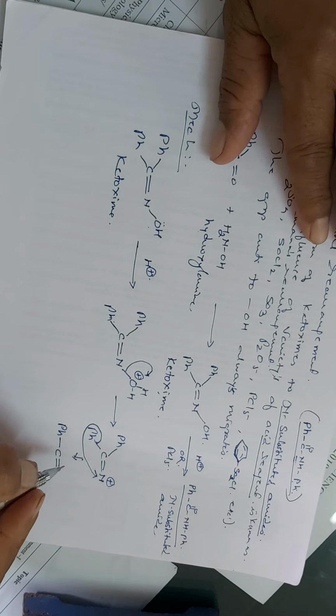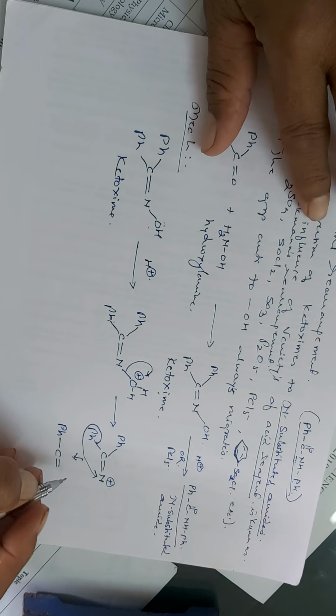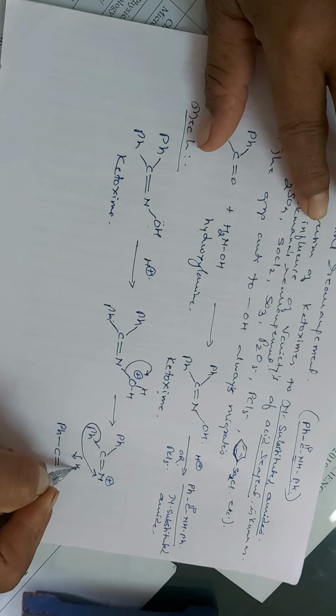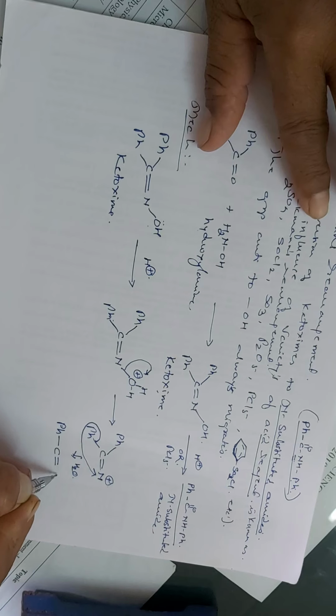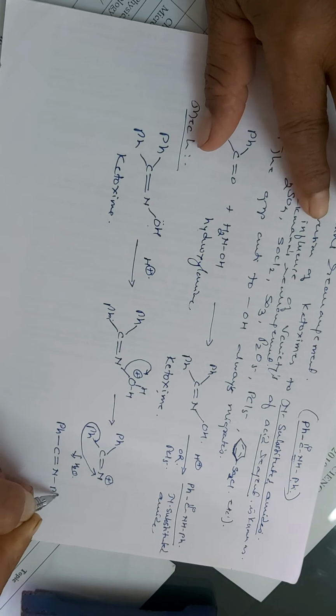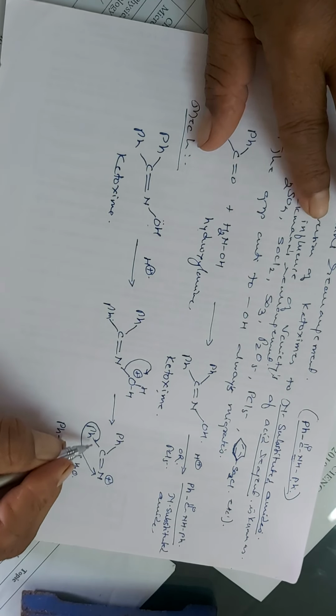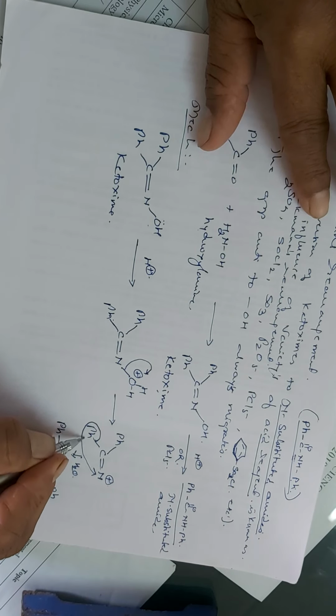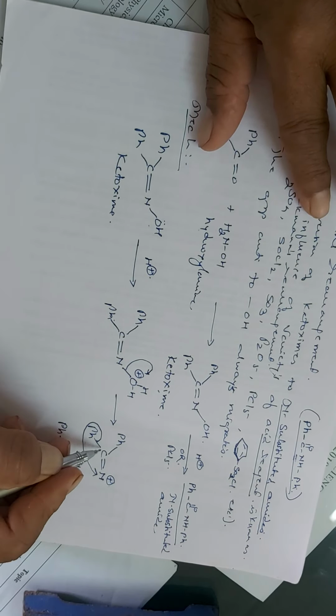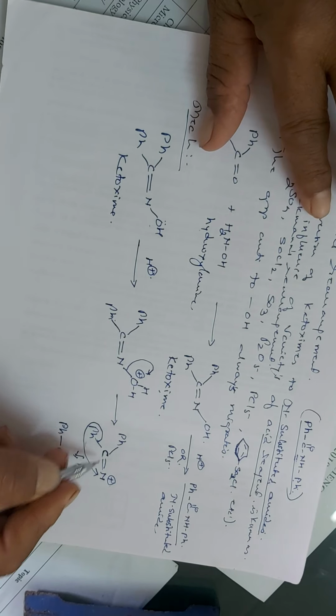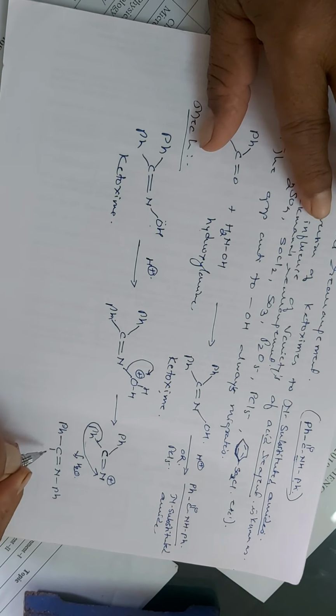Now here the electron deficient nitrogen, and water is added simultaneously. Here the nitrogen has been converted to positive, meaning the alkyl or aryl group goes along with the electron pair, so this carbon becomes electropositive, and the OH attacks here.